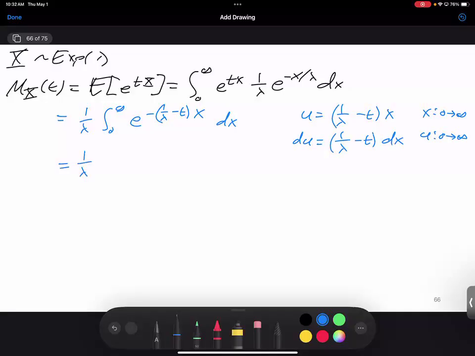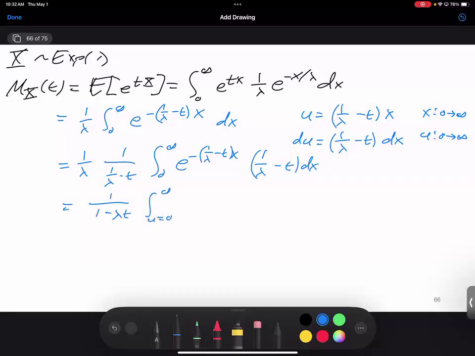Not a big deal. I divide by 1 over lambda minus t, and I multiply by it. Now I change variables. I multiply the lambda and the 1 over lambda minus t, and that gets me 1 over 1 minus lambda t. And then we'll have the integral with u going from 0 to infinity of e to the minus u du.